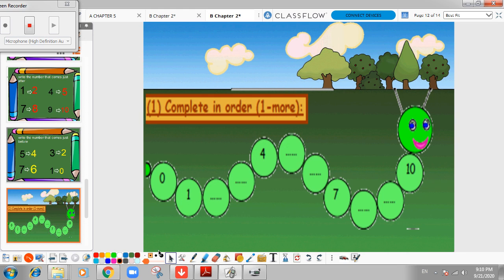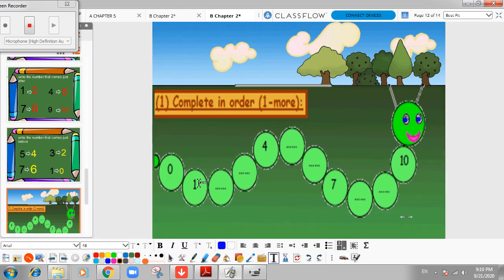Here I have a caterpillar and I need to complete it in order, using the one more strategy. One more means we complete it in order with the number that comes just after. Okay, 0. What comes after number 0? 1.